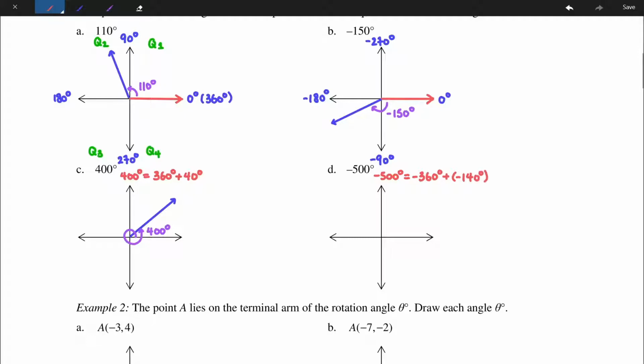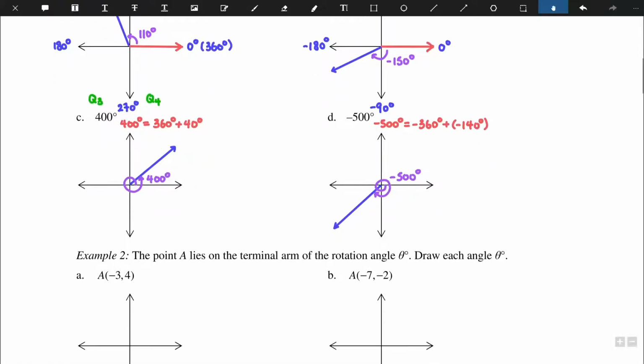Okay, so we will be in quadrant 3, somewhere around here. And this time we go clockwise around once, and then another 140 degrees to go after that. So this will be negative 500 degrees in example D.